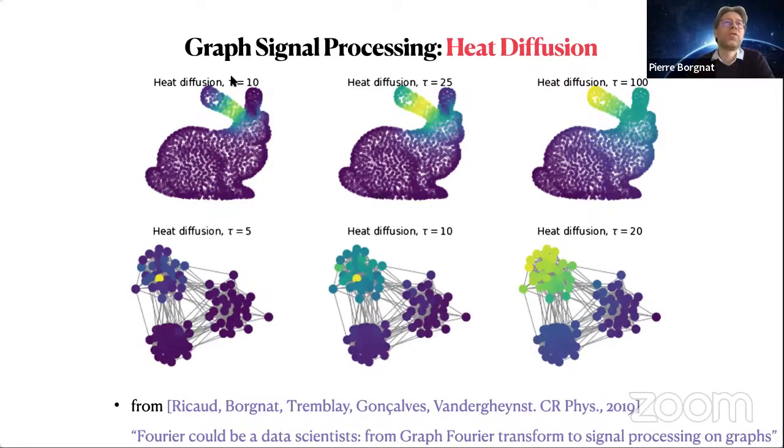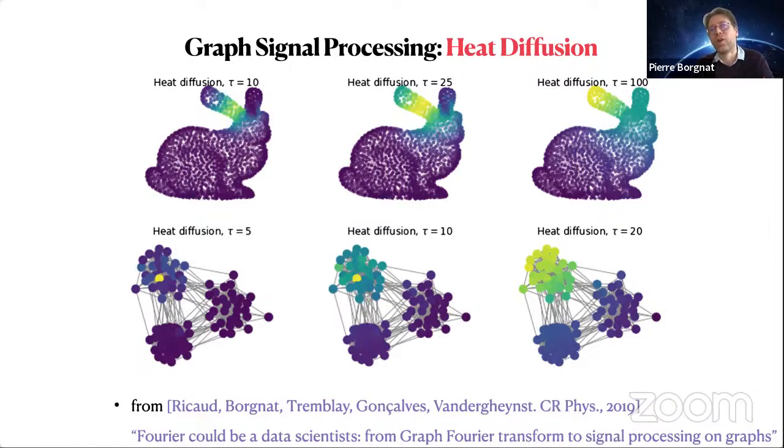So if you do heat diffusion from a node somewhere here in the middle of this bunny, you will more and more define large scale structure on that. If you do that exactly on a graph which has communities, you will even be able to extract the communities from the graph using heat diffusion, for instance.